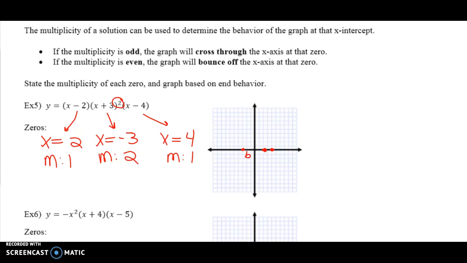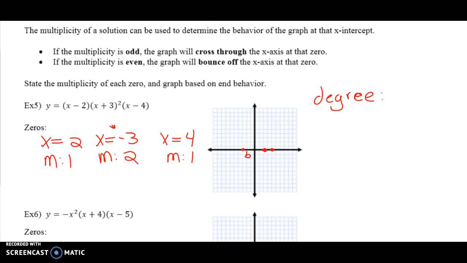Okay, a few other things you always need to find. What is the degree of this polynomial? Remember, the degree, if you were to take the time to FOIL this whole thing out, what would your largest exponent be? 4.